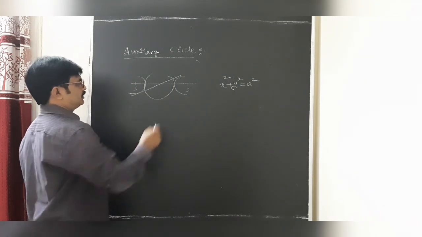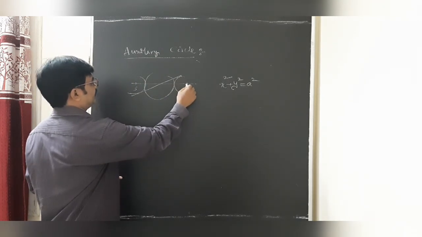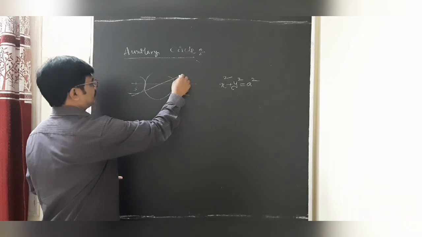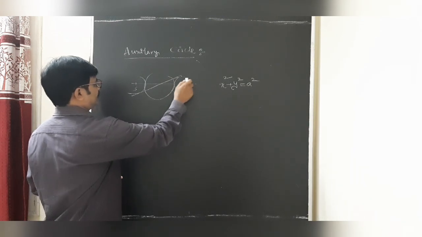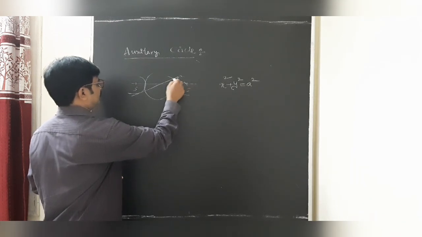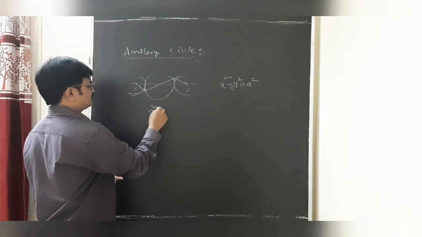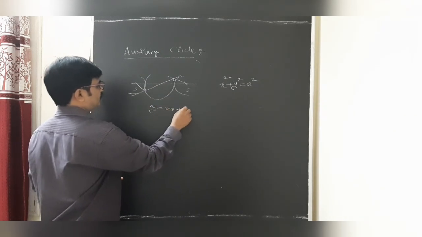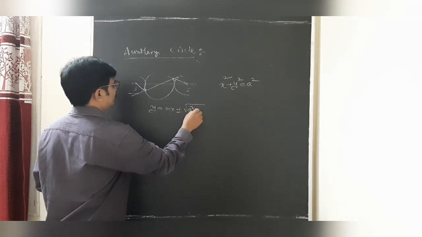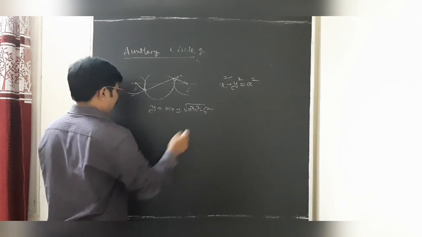My dear students, the tangent, undoubtedly, these are the feet of the perpendiculars. What is the tangent? Y equal to mx plus or minus square root of a square m square minus b square.